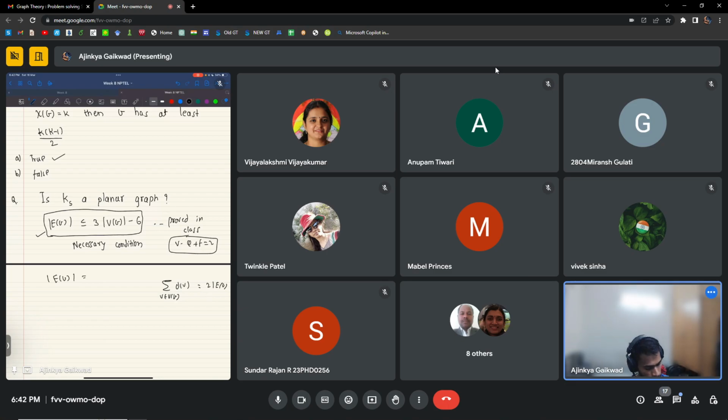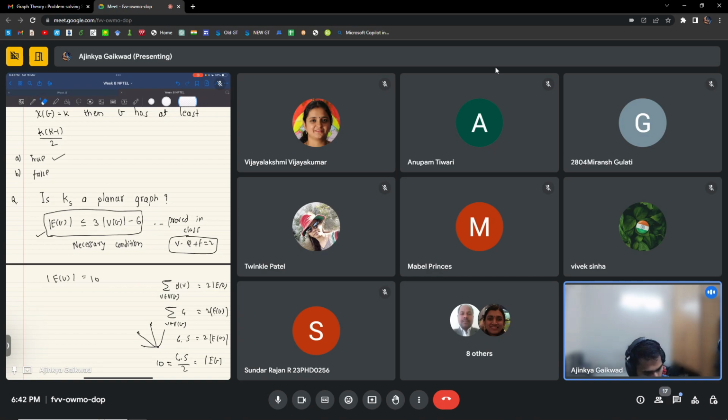So the degree of every vertex is 4, and 4 repeats 5 times. So 4 into 5 equals 2 into E of G, and E of G is 10.